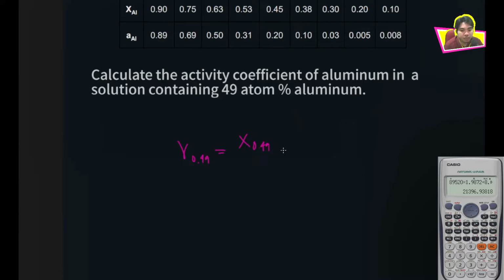So, we have x at 0.49. Diretso lang pala. 0.49 minus, let's do one endpoint, no?